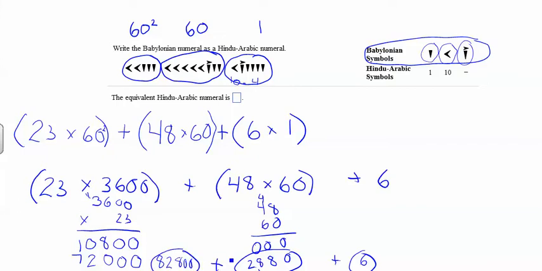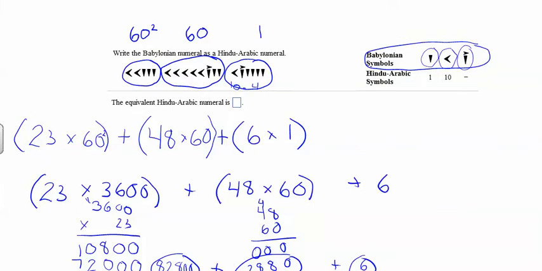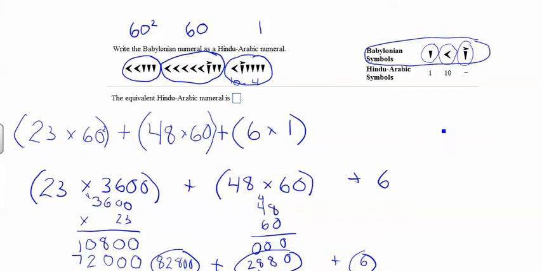Then I have to add that to the 2880 and the 6, and then that will give me the Hindu-Arabic numeral. Now since base 10, Hindu-Arabic is base 10, that's what we commonly use, we probably will have to use more numerals to write that number, because in base 60, it probably could be written differently.